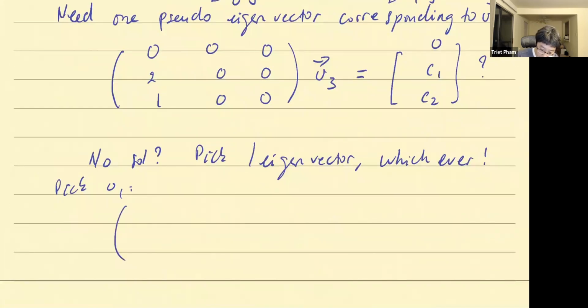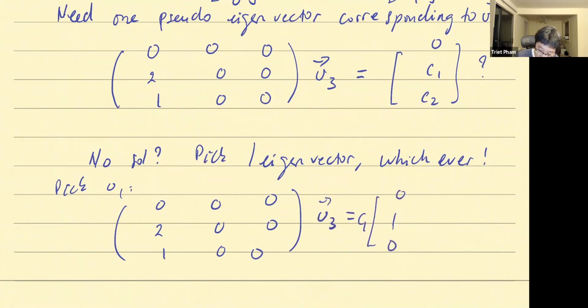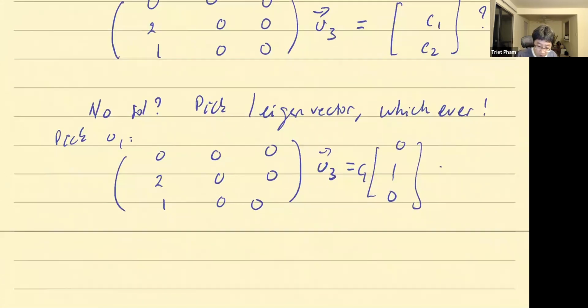So I'll get 0, 0, 0, 2, 0, 0, 1, 0, 0, times V3 is equal to C1, 0, 1, 0. So what should my V3 be?